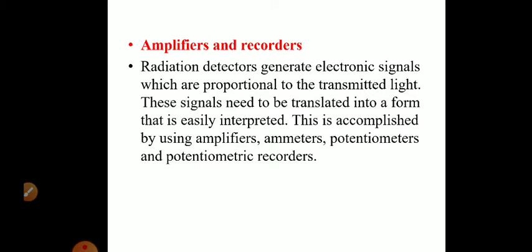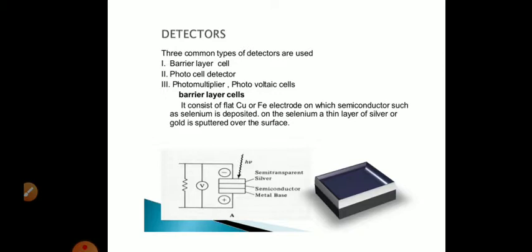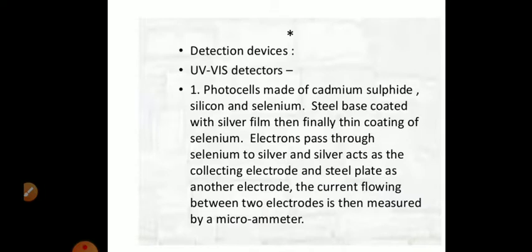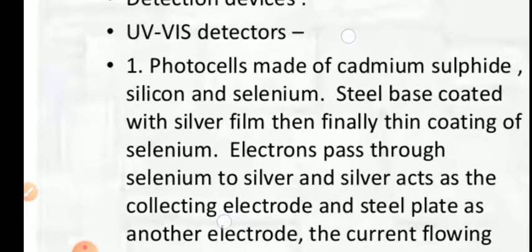This translation is done by amplification devices, ammeters, potentiometers, and potentiometric recorders. The common types of detectors, as I told you, are photocells or photovoltaic cells or barrier cells, then we have photomultiplier tubes.